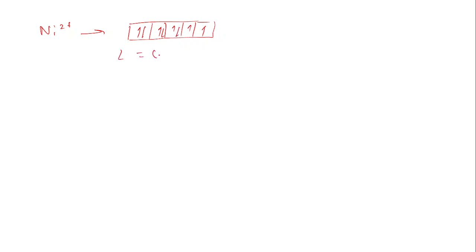So L is 0 because of orbital quenching. For S, we count the number of unpaired electrons, multiplied by half because one moment has half spin. How many are unpaired? This is paired, this is paired, this is paired. We have 2 unpaired electrons. That means S is 1.